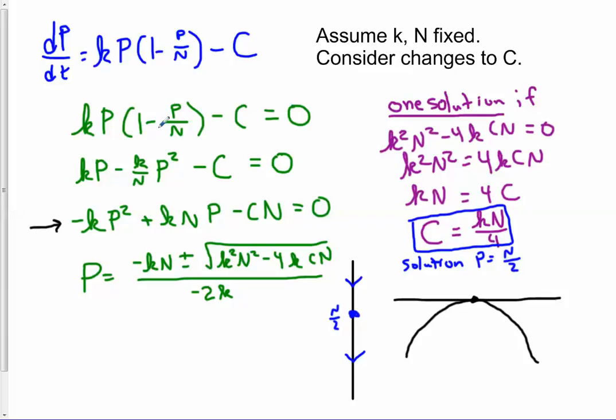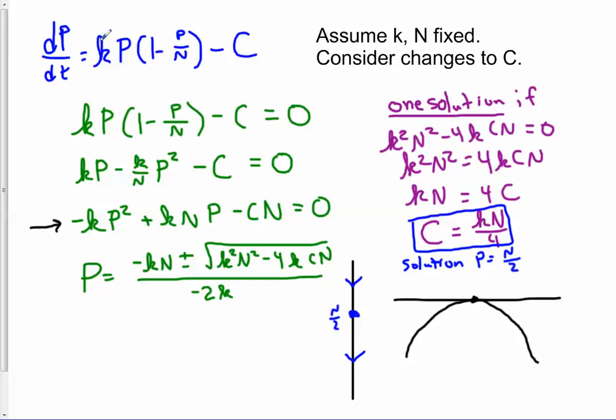Now, let's think about the 0 solution possibility. Let's see. I'll do it on a fresh page, but I'll flip back and forth as necessary. We will have 0 solutions.